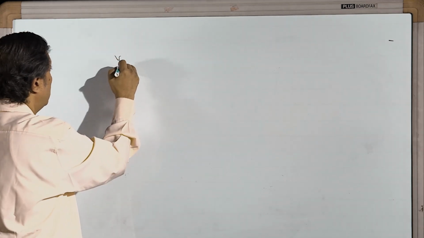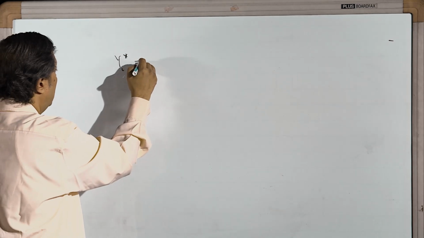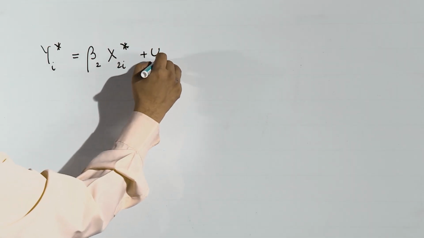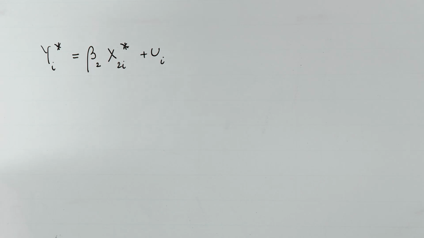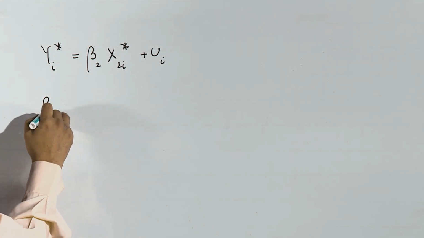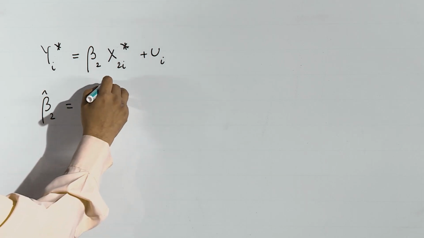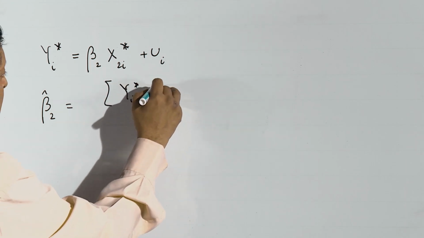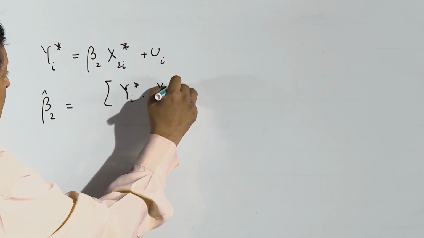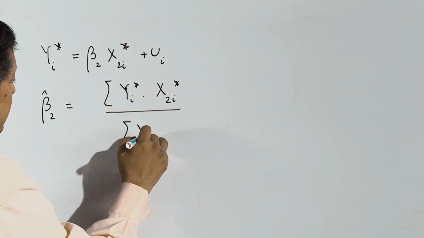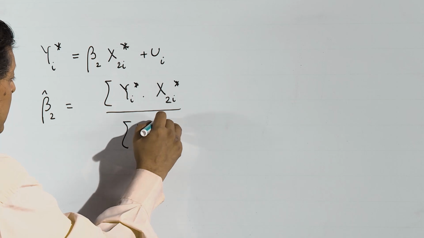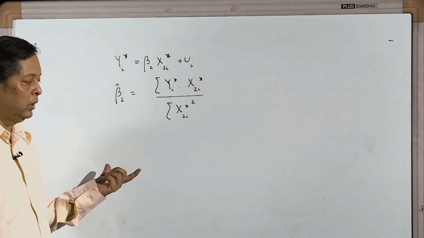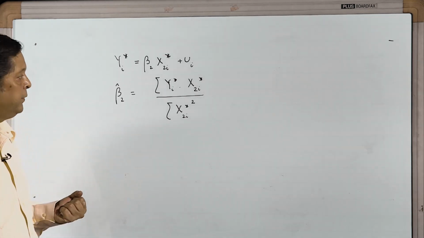When we are regressing y i star on x 2 i star, applying the ordinary least squares formula, we have beta 2 hat equal to summation y i star times x 2 i star divided by summation x 2 i star squared. This is the same formula that we have been using right from the 2 variable model up to the k variable model with suitable modifications.